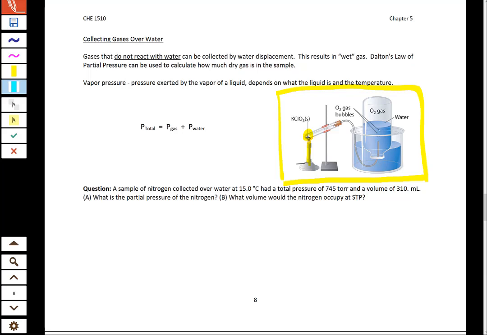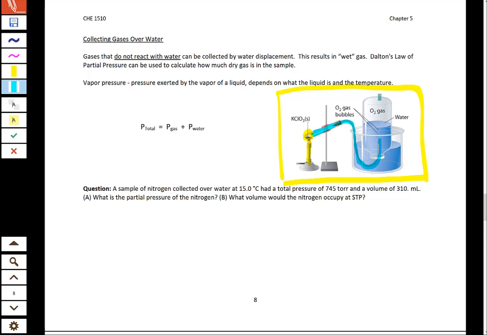So when we look at the heating of potassium chlorate, the oxygen gas is formed and collects in this container, and as we create more oxygen gas, that oxygen gas ends up traveling through this tube system and into this inverted canister of water.